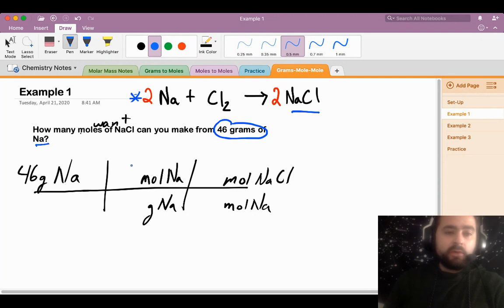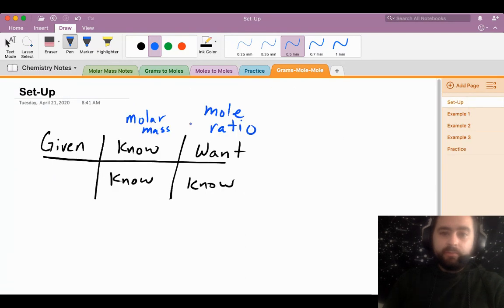If you get this set up wrong, you're going to get the question wrong. So let's go over what each block has. So this is my given, which is the 46 grams of Na. As soon as I write the unit at the top, I'm going to write the unit at the bottom. So that goes right there. And the first thing that I want to do is get the molar mass stuff. So molar mass is going to be the grams and then your moles.